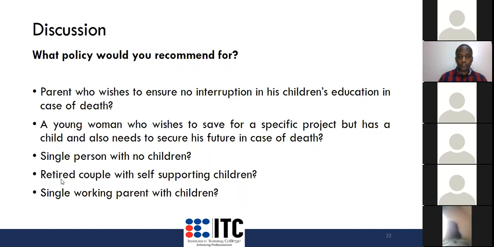Yeah, so we have two things. We have a question here and we have answers. So I'd like to deal with the answers first. We have term assurance as an answer for the single person with no children. It's quite possible that the single person is just interested in their funeral expenses being covered.